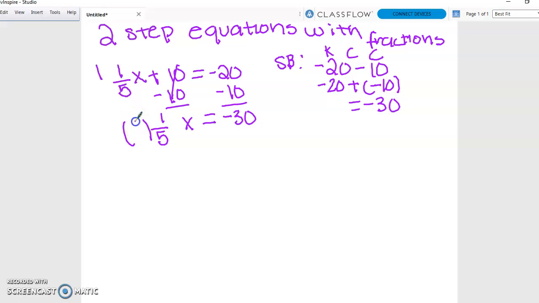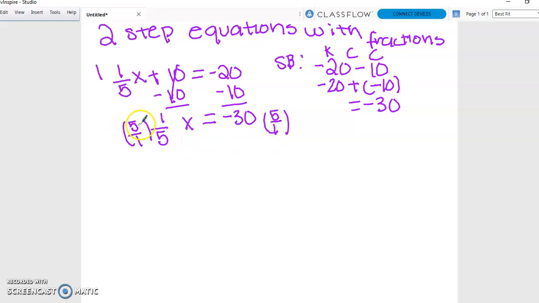So what we're going to do is flip it. That's all the reciprocal means. And what you do on this side to this one, you also must do on this side. So we're going to multiply this side by the reciprocal of 1 over 5. And we're doing that in order to get the x on this side by itself. So you have to also multiply this side by the reciprocal of 1 over 5, which is 5 over 1.